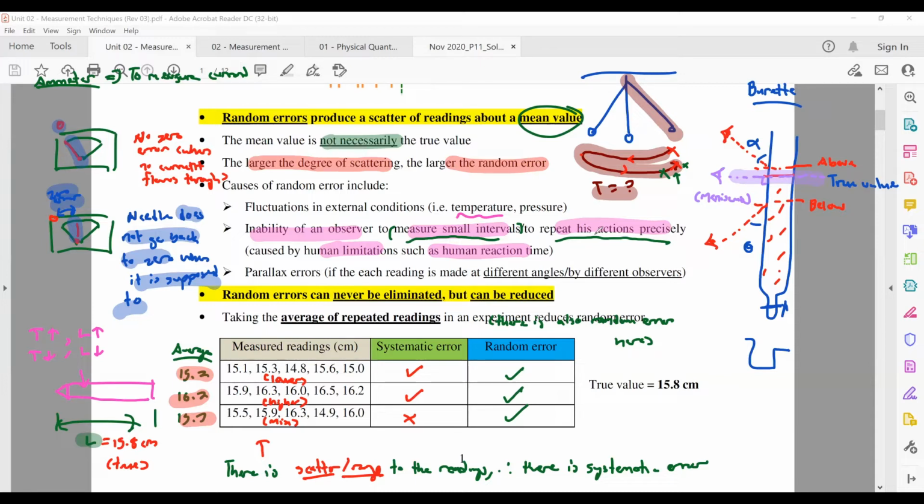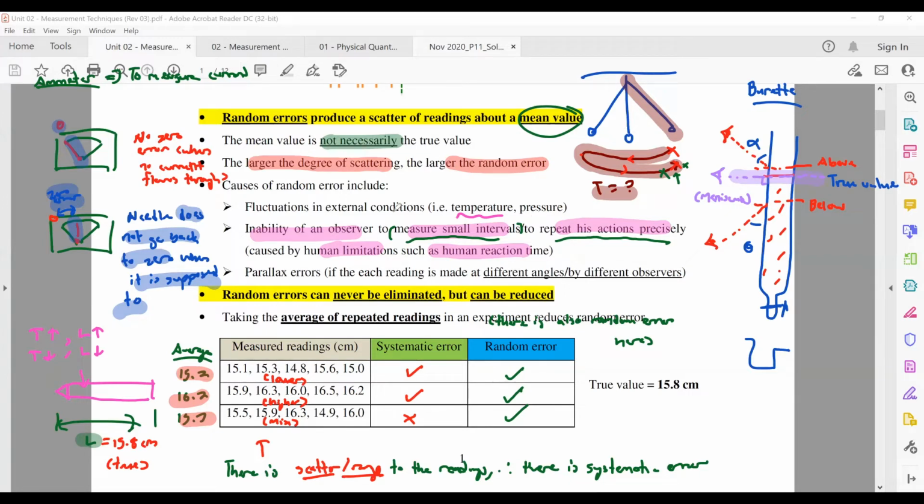So your random errors are actually caused by this, because you cannot repeat your actions in exactly the same manner each time. Your readings are always going to be slightly different. This is one of the causes of your random error.